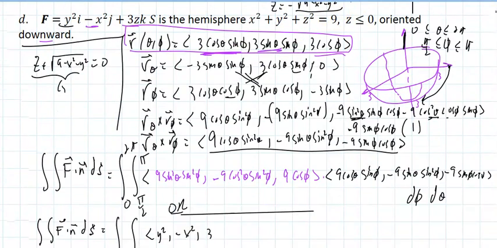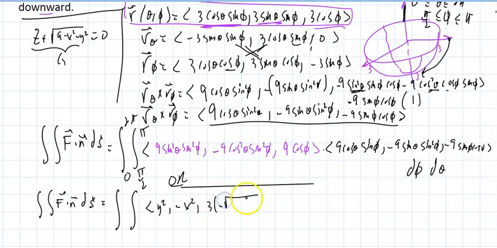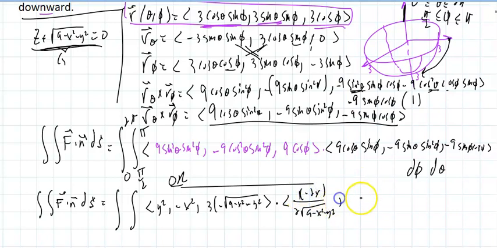Z is negative the square root of 9 minus x squared minus y squared. Alright, dot it with what? Dot it with the gradient of this. Isn't that 1 over twice the square root of 9 minus x squared minus y squared times negative 2x? And so those cancel out. The partial with respect to y is the same but with a y. And the partial with respect to z is just a 1.